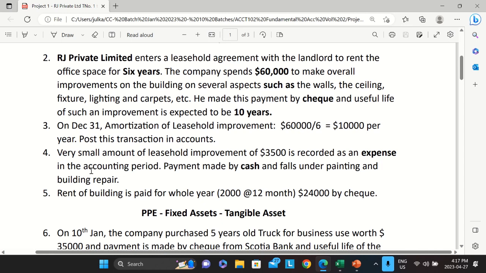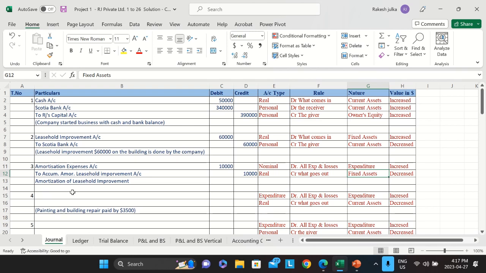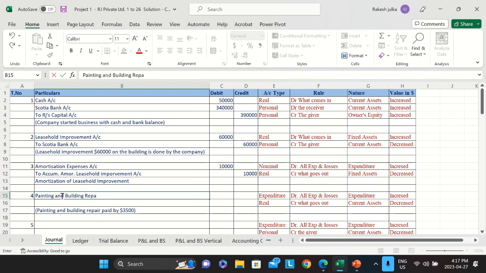So in this case, instead of writing amortization, I'm just going to write here painting and building repairs account, that we can see like 3,500 debit and 3,500 credit.